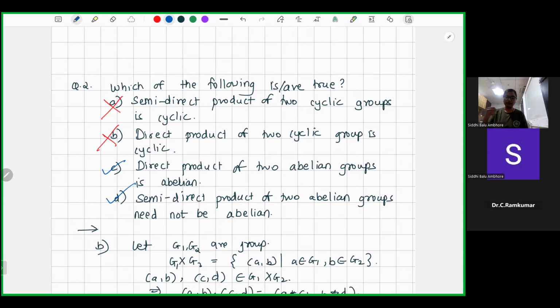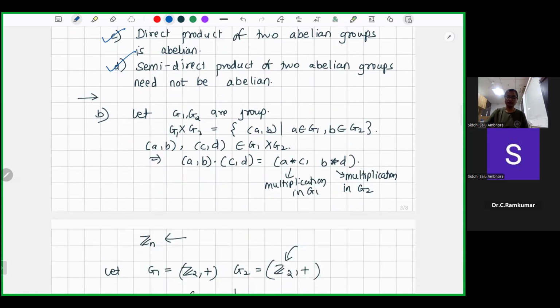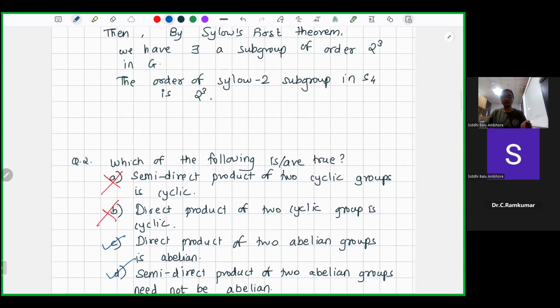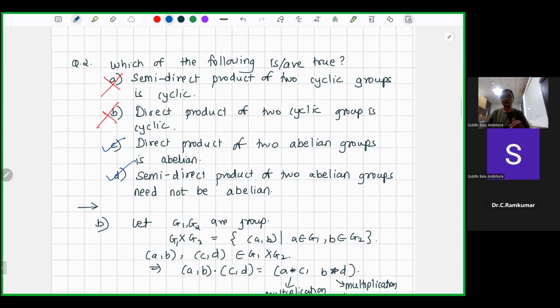We proved that, and the semi-direct product of two abelian groups again need not be abelian. This was the information we needed to understand from this question.